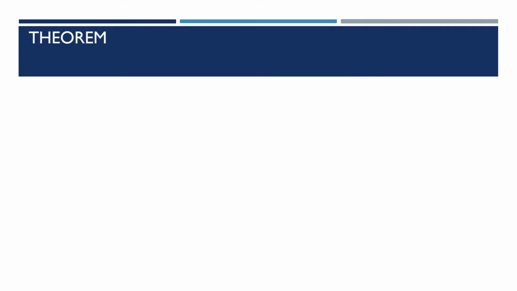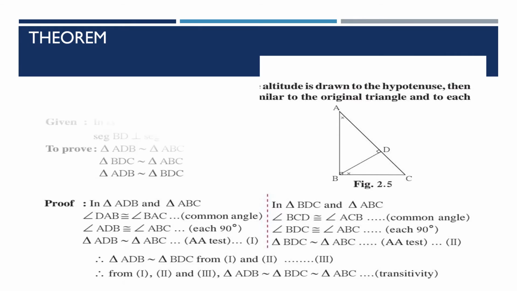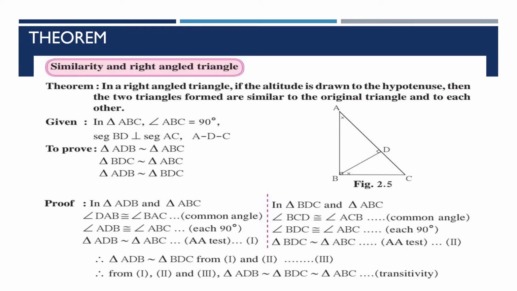Now there is one theorem, similarity and right angle triangle. The statement of the theorem is, in a right angle triangle, if the altitude is drawn to the hypotenuse, then the two triangles formed are similar to the original triangle and to each other. This is the statement. Now look at this figure.